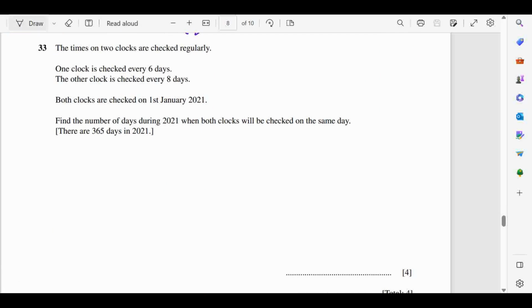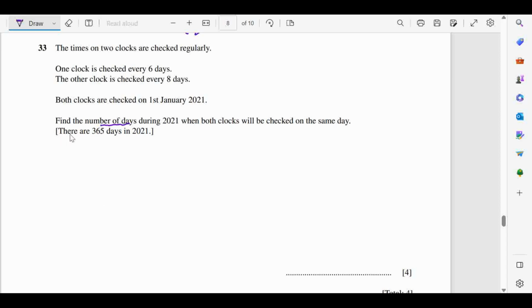Question number 33. The times on two clocks are regularly checked. One clock is checked every 6 days and the other clock is checked every 8 days. Both clocks are checked on 1st January 2021. Find the number of days during 2021 when both clocks will be checked on the same day.